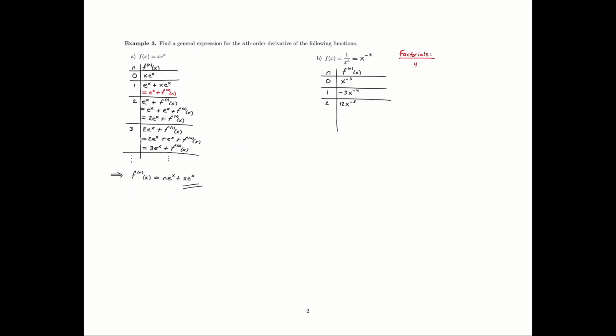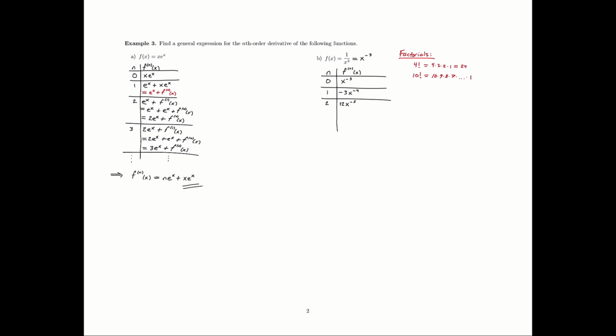So 4 factorial is 4 times 3 times 2 times 1, which is 24. 10 factorial is 10 times 9 times 8 times 7 times all the way down to 1. That's what a factorial is. And when you're doing certain types of derivatives, factorials show up a lot.